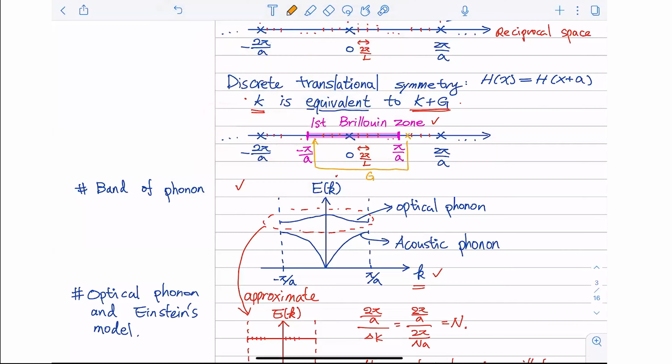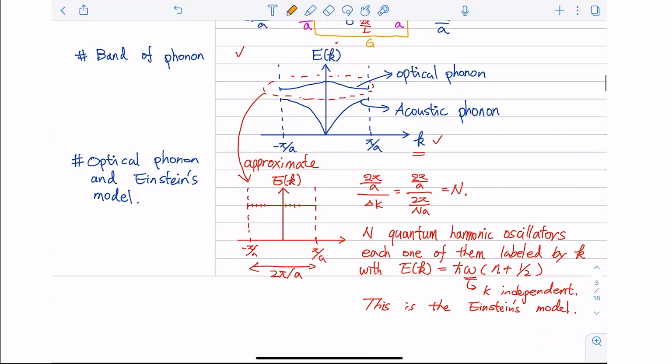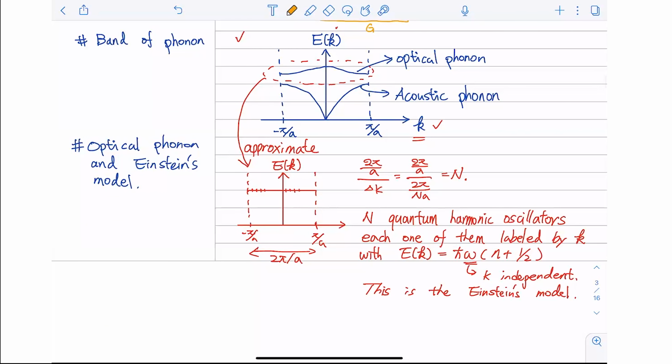So that's why in solid state textbooks, people usually only describe the physics within the first Brillouin zone. That is also the situation when we describe the bands of phonon. Basically, what we plot here is the band structure within the first Brillouin zone.